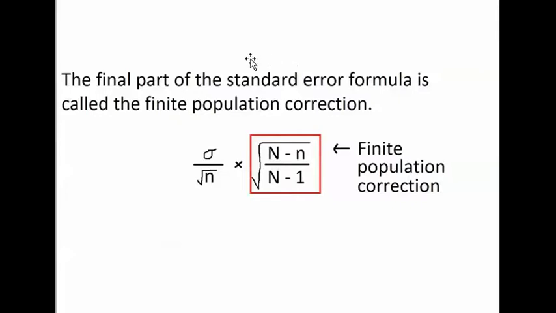If the population size and sample size are far enough apart, this part of the formula can actually be dropped off, and this over here becomes the entire standard error formula. The general guideline is that if the population is at least 20 times larger than the sample size, then the finite population correction can be left off, and you can just use this as the standard error formula.